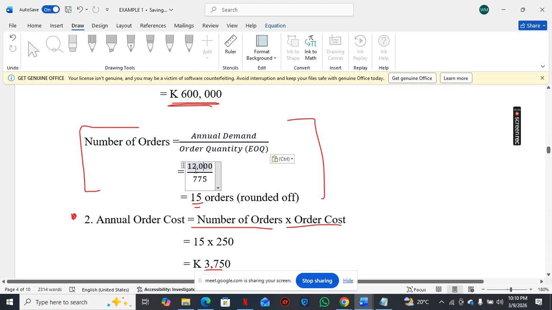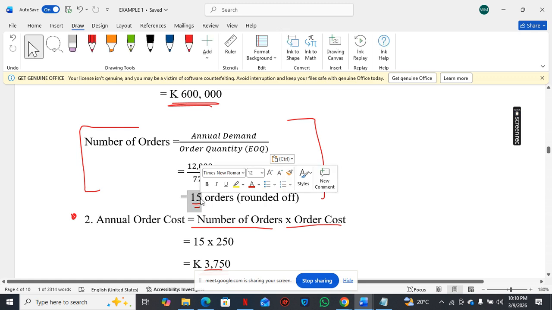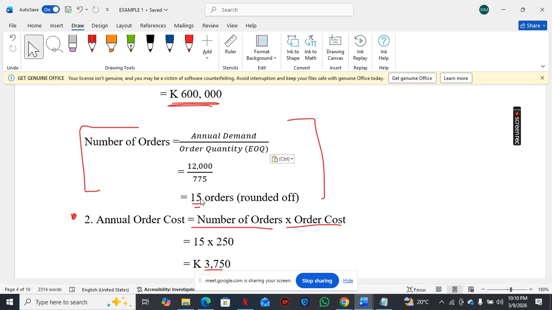Each time we make an order, we order 775 units. So how many orders are we going to make that year? 12,000 divided by 775. On rounding our answer, we're going to make 15 orders that year. If we're ordering according to the economic order quantity, we're going to have to make 15 orders that year.